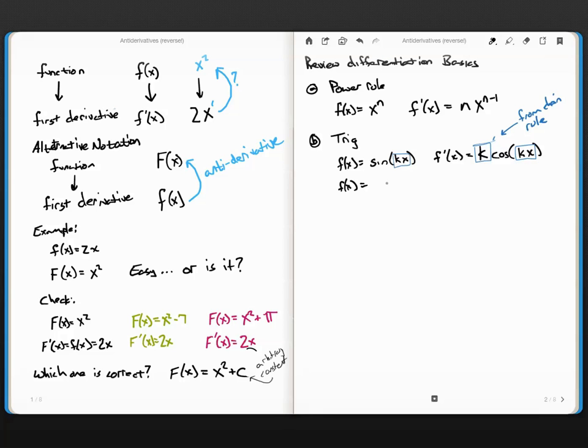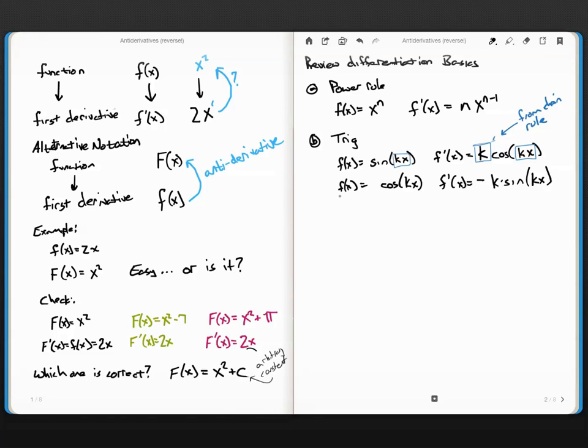Similarly, if f of x equals the cosine of kx, f prime of x equals negative sine of kx. And due to the same story, I have to put a k out front, so it becomes negative k times the sine of kx.